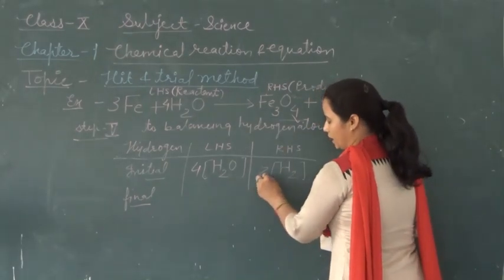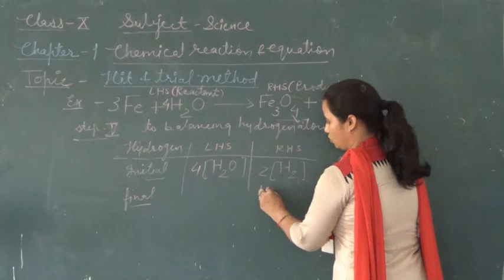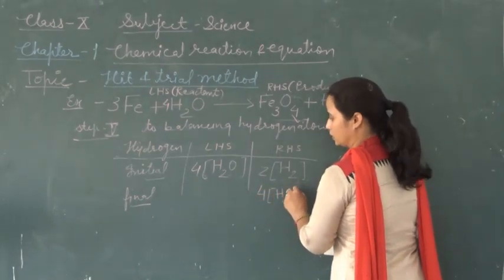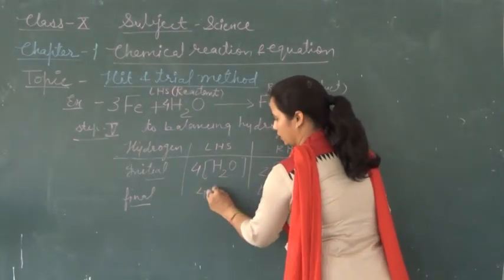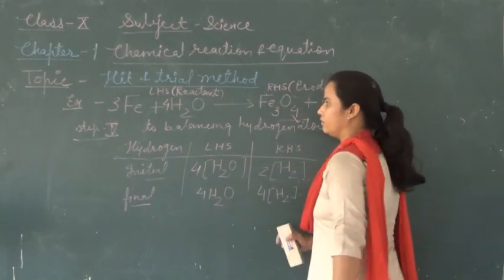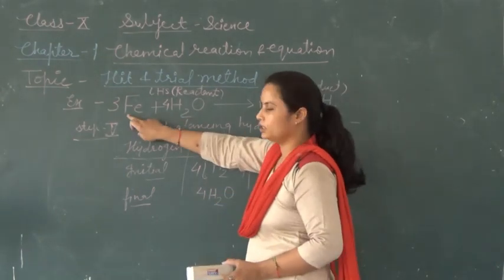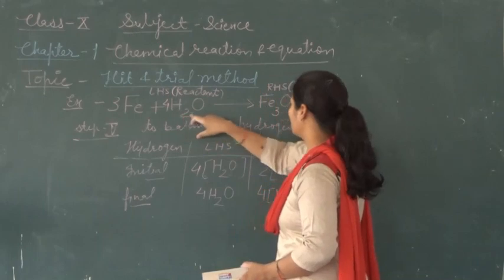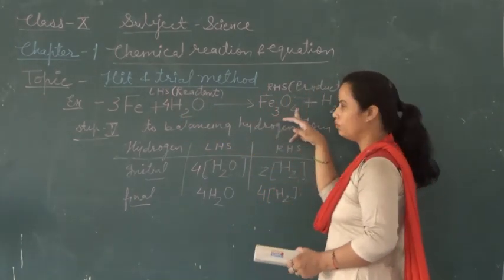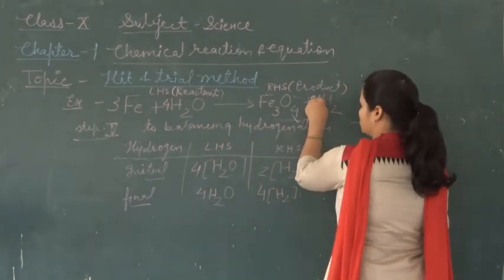So we balance here 4H2, and finally we write the main equation: 3Fe plus 4H2O will give Fe3O4 plus 4H2.